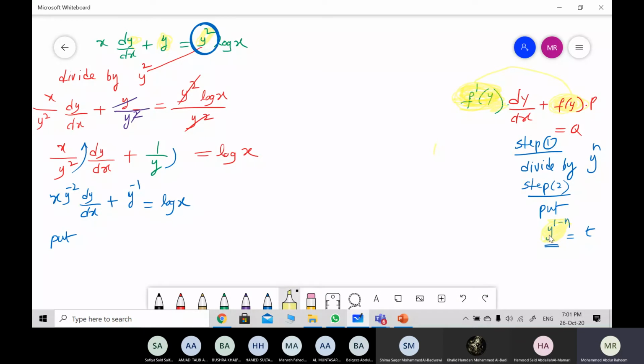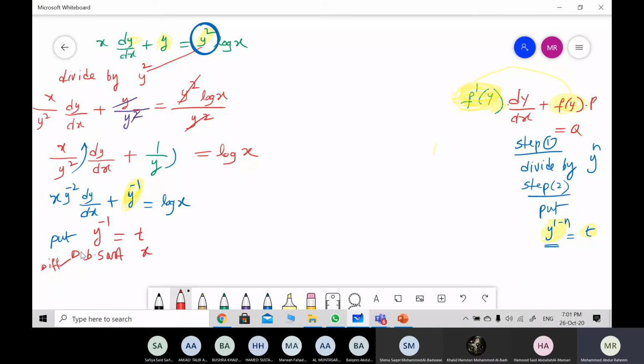Put this as t. How much is that now? This one. How much? t equals y to the power of minus 1. Differentiate both sides with respect to x.